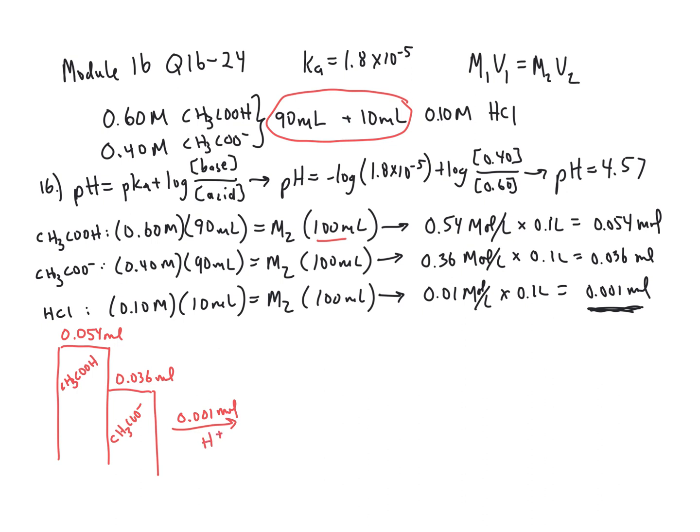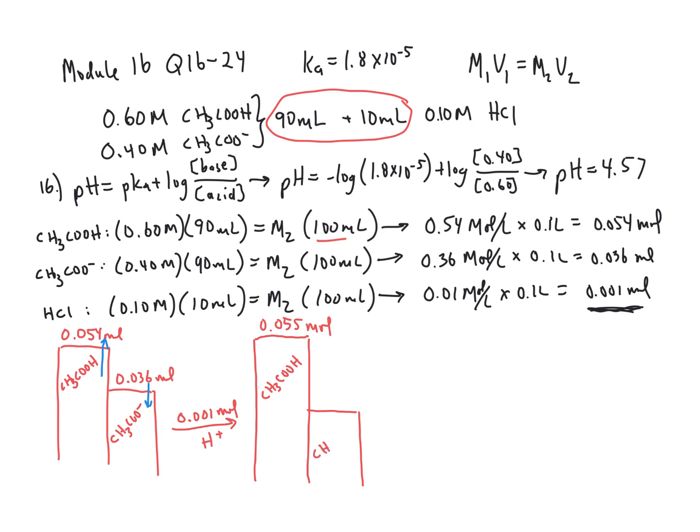The acid HCl is going to react with the acetate, so we're going to expect to see this amount go down, and the product of that reaction is more acetic acid, so that amount will go up by 0.001 moles. So after the reaction takes place, the number of moles of acetic acid is going to go up a little bit, and the number of moles of the acetate will go down. So our new number of moles of acetic acid is 0.055, just adding in that one more millimole.